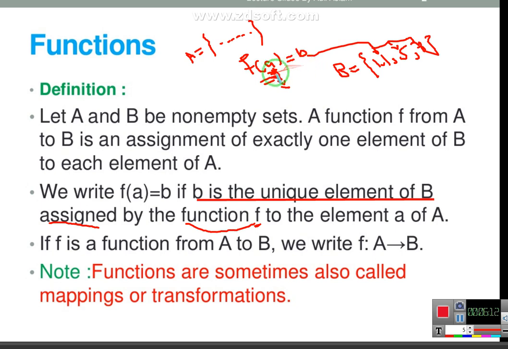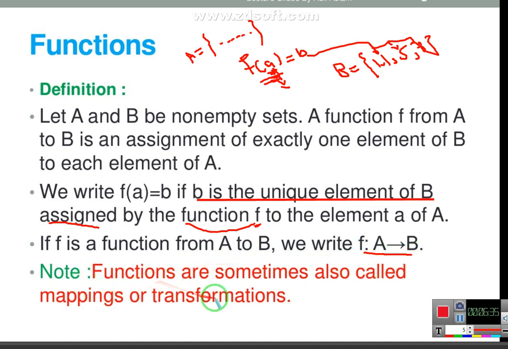But it means when you are giving an input, you will have an output, but the input will be unique and the output will be unique. So if there is a function from A to B, we can write it like that, simple.